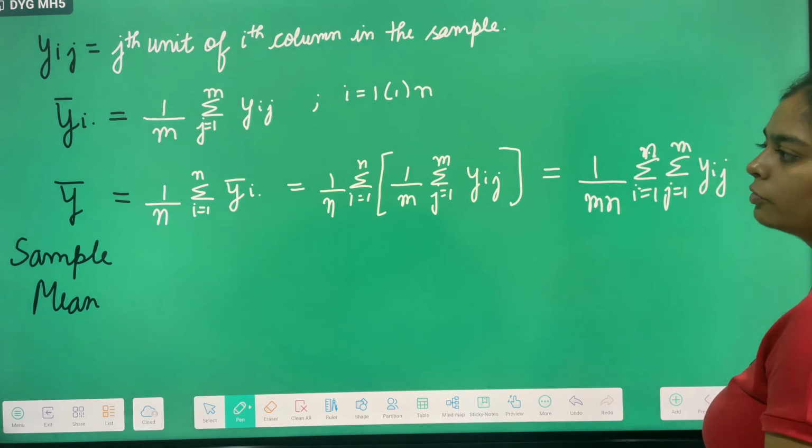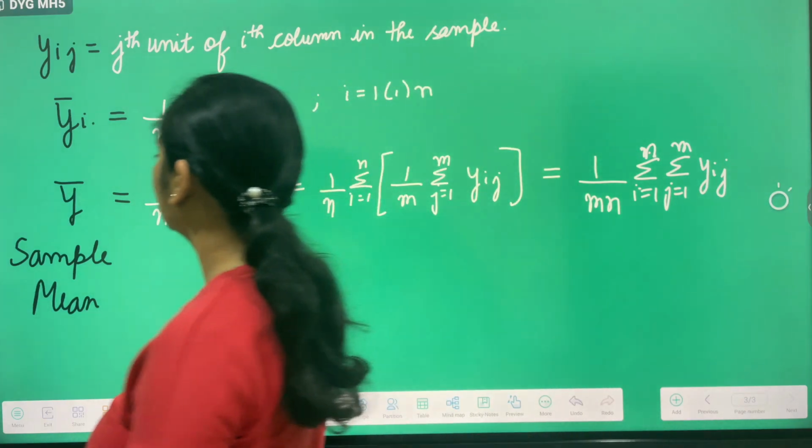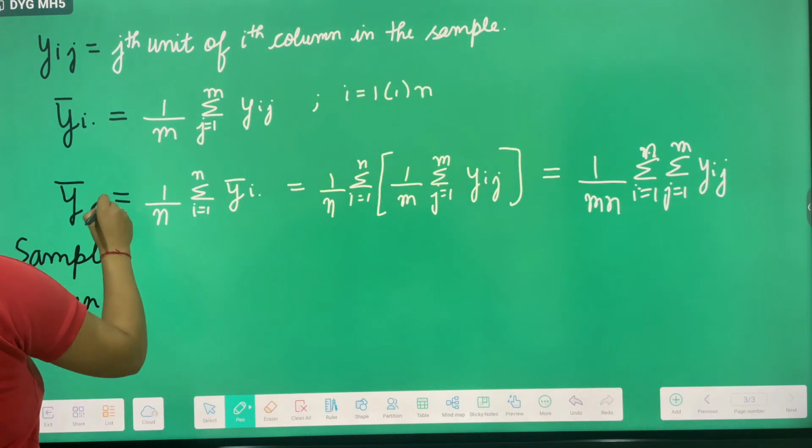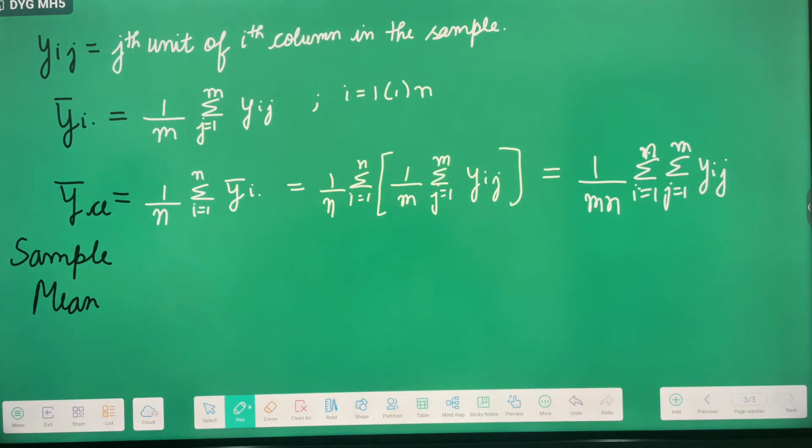This is the formula for the sample mean of circular systematic sampling. So we'll write it as y bar CL for the derivation.